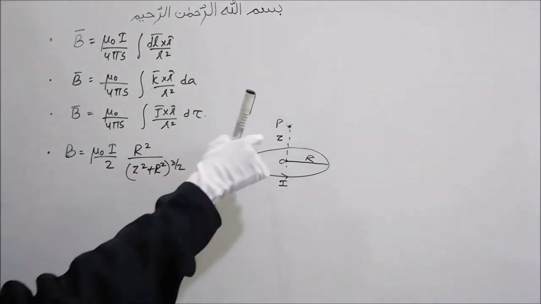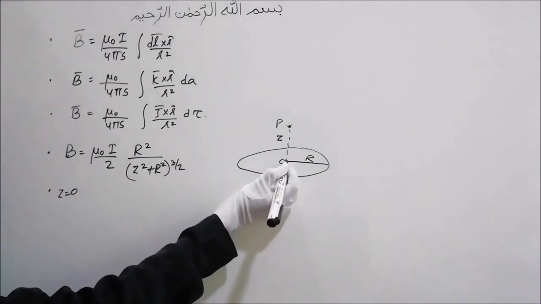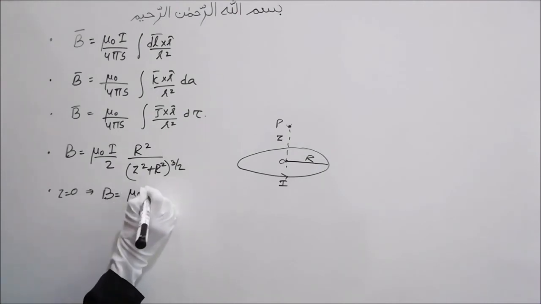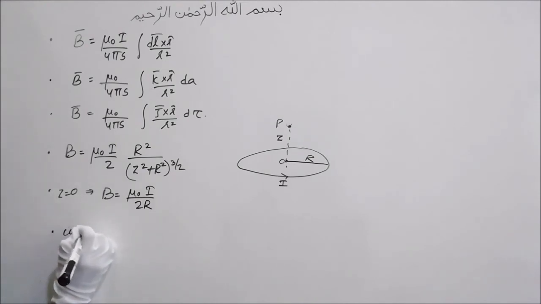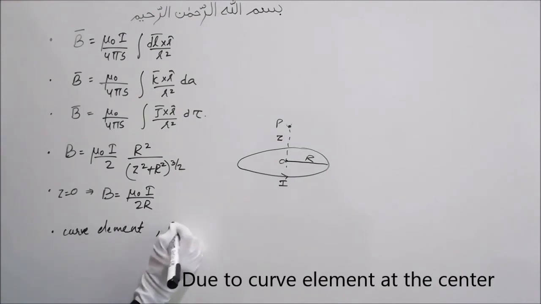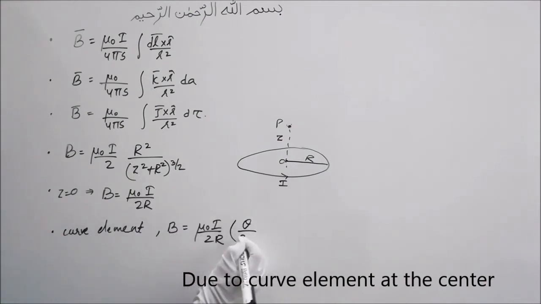But if z was equal to 0, that means we have to find the magnetic field at this point, then in that case, the magnetic field will be equal to mu naught I by 2r. And due to any curved element, the magnetic field is equal to mu naught I by 2r, same thing, just multiply one more term, theta upon 2 pi.